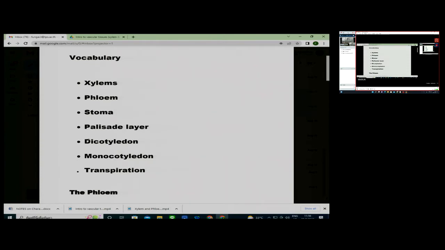Right. The next one is dicotyledon. We are going to find out what is a di, because there is a difference between the next one, monocotyledon.